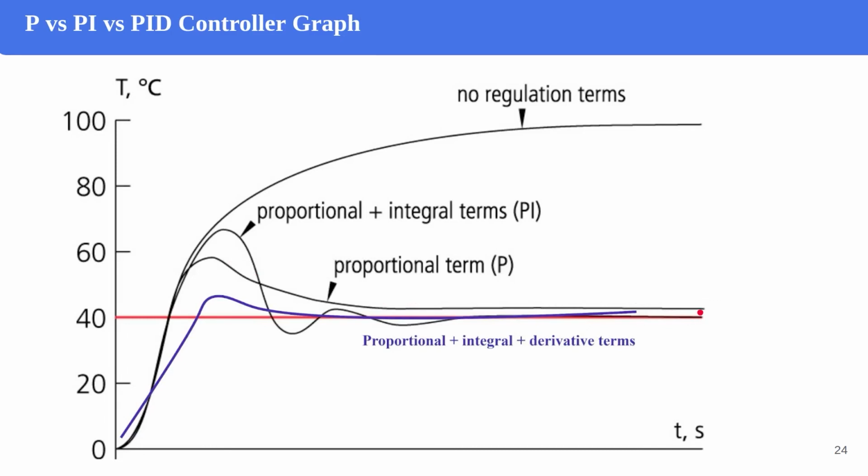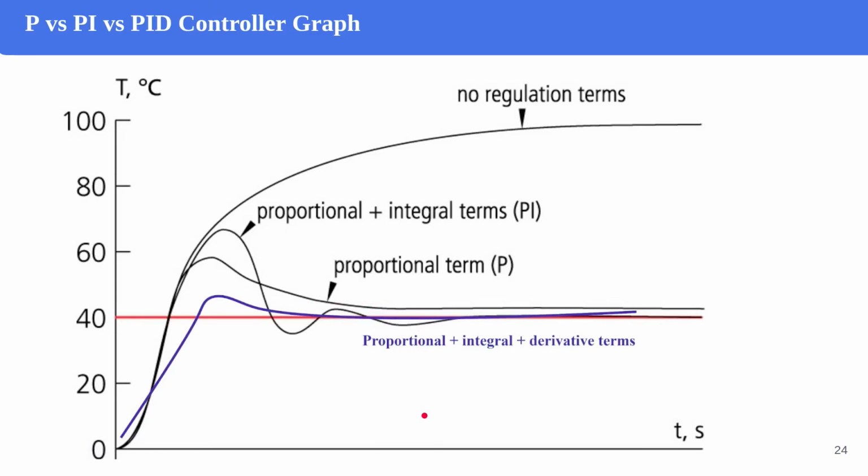To reduce this error, we add the integral term to the proportional term and create the PI controller. The response time for the PI controller, as you see here, is 0 after, for example, Ts seconds. So the output is equal to the set point after some seconds here.